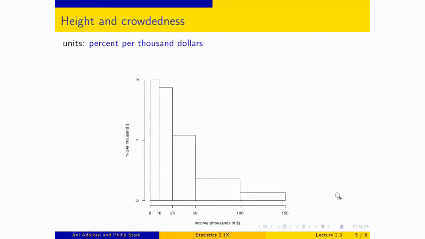Let's go back to our picture and see what that is telling us. What I'd like you to imagine is the 20% of the people in this interval all trying to stand in the space between 0 and 10 here. And the 28% of the people in this interval trying to stand between 10 and 25. Certainly, there are more people in the second interval than the first, but they have correspondingly more room.